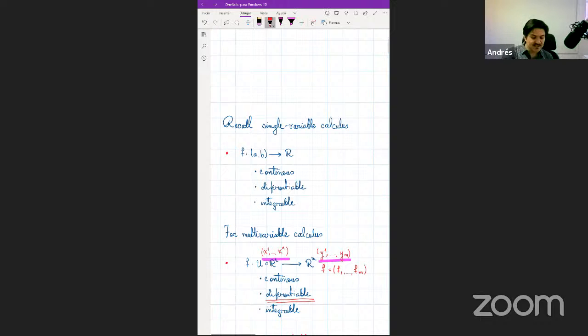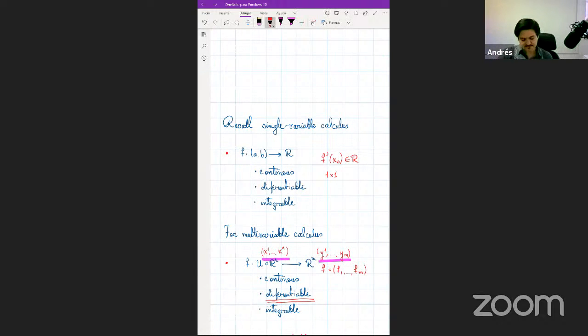Now, the Jacobian is a matrix, but at every point of the domain, you have a matrix. So basically, you have a family of matrices, and that will be the derivative, right? So what you have in calculus 1, this is a 1 by 1 matrix. This is a number, but this is a 1 by 1 matrix in this setting.